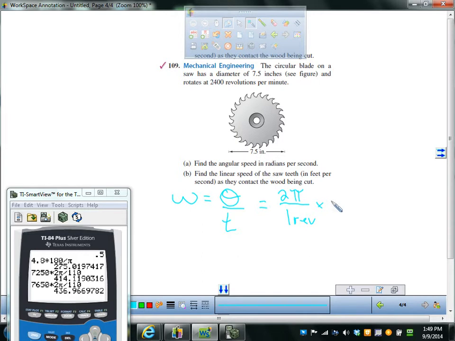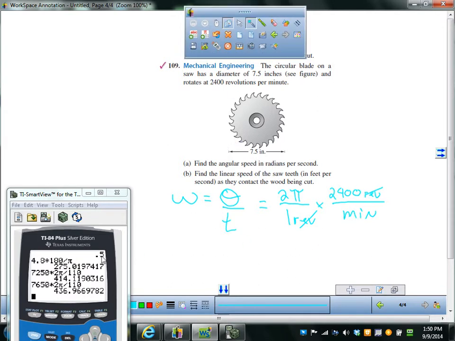but it's doing 2,400 revolutions per 1 minute. So notice here, this cancels out, okay? This is going to give me, each revolution I get is 2 pi radians times 2,400 of those revolutions every minute. Now I have theta, I have my time, and I can just multiply.